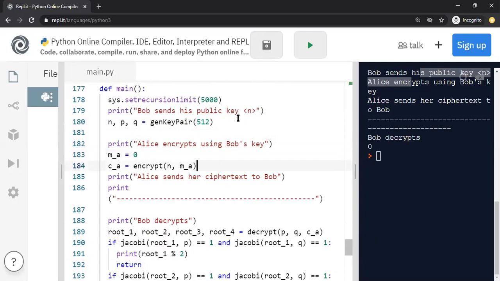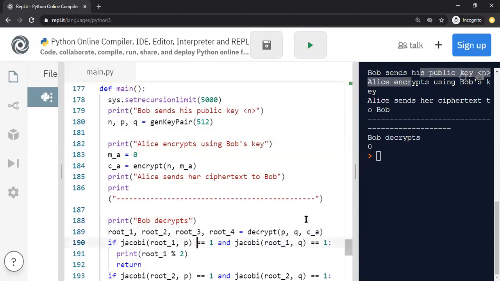All right, so here is the encrypt function, right? What are we encrypting? Alice is encrypting a message, 0 or 1 are the only allowed messages. And she's going to send some gibberish ciphertext to Bob. So Bob gets a huge ciphertext. What is Bob going to do? Bob is going to decrypt it, and he will get 4 square roots. We talked about finding square roots. So there are 4 possible square roots.